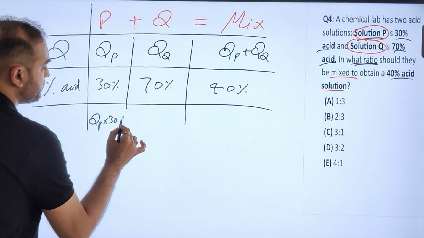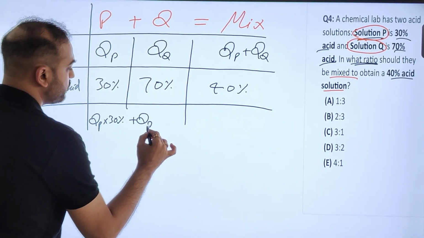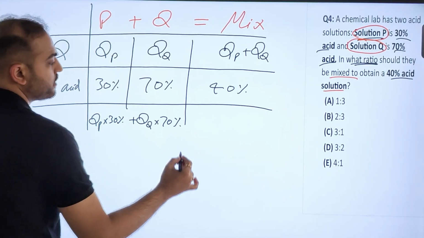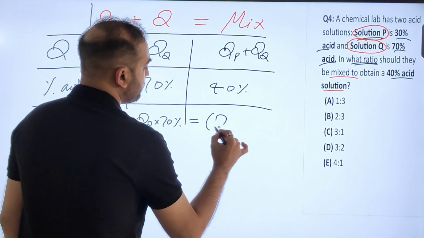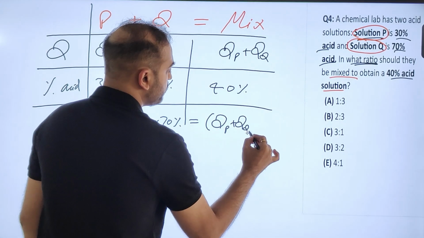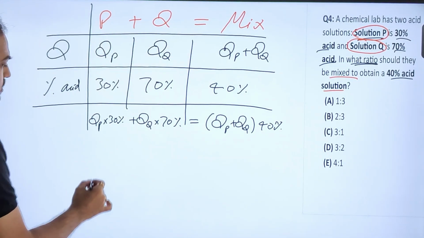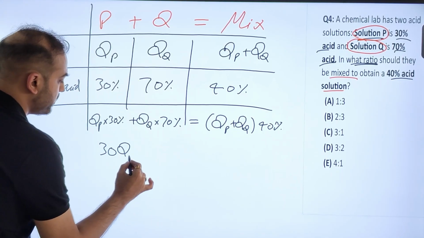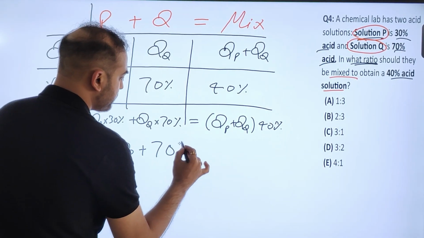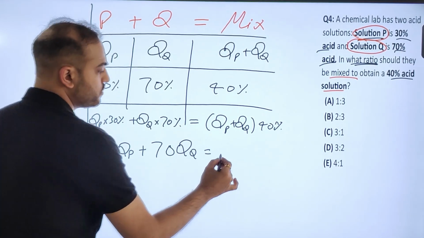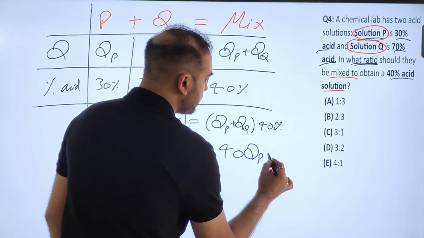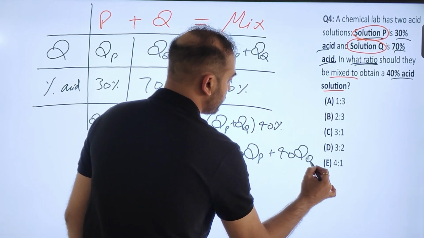QP times 30% plus QQ times 70% is QP plus QQ times 40%. Percentage again cancels out. 30 QP plus 70 QQ is equal to 40 QP plus 40 QQ.